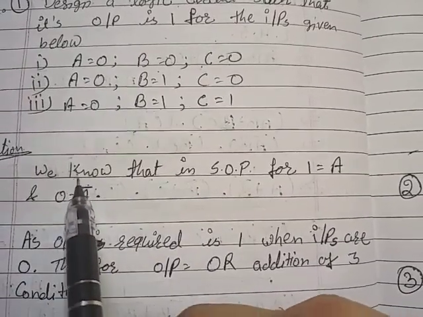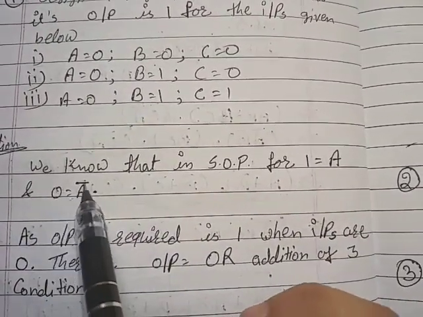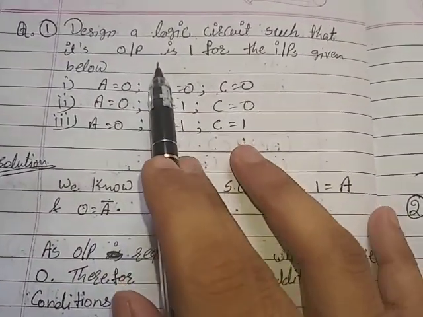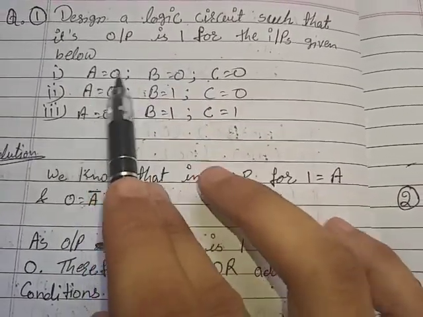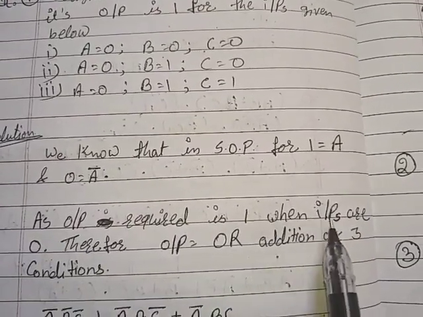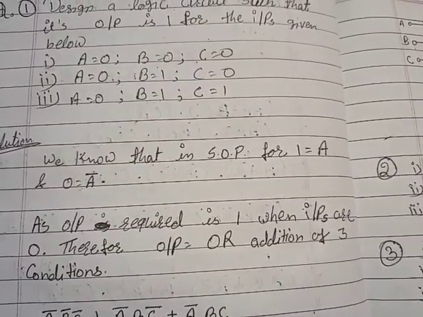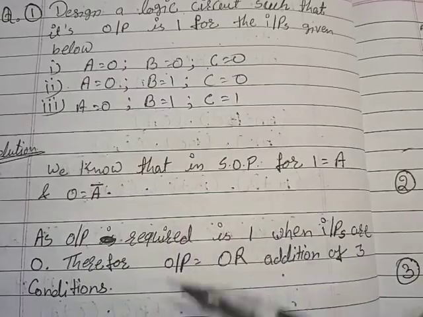Now, we know that in SOP form, 1 is equal to A and 0 is equal to A bar. So, as in the question, the output is required to be 1 when the inputs are 0. Therefore the output should be the OR addition of the 3 conditions, so that we will get 1 in the output.